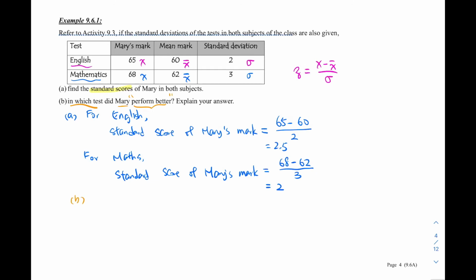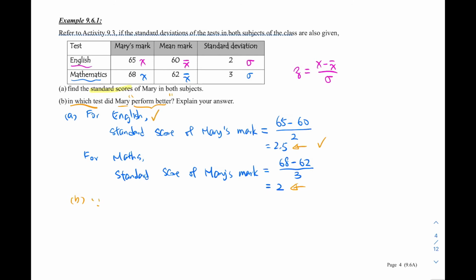So for part B, when you compare the standard score of Mary's marks in English and mathematics, you see that this is greater. So that means Mary performed better in English.